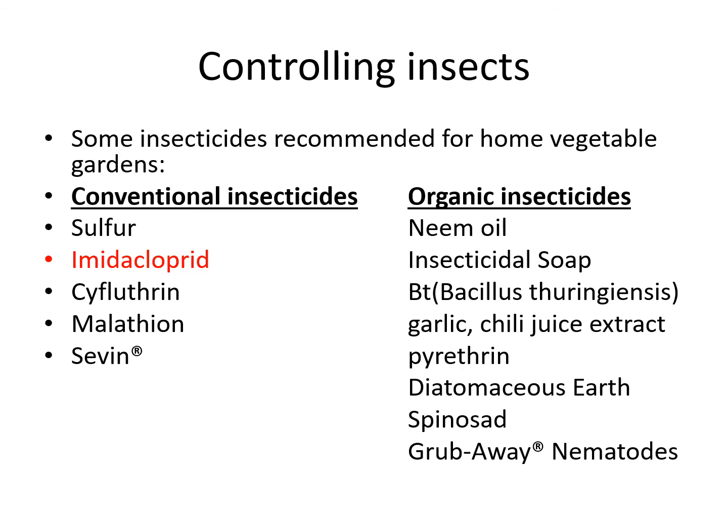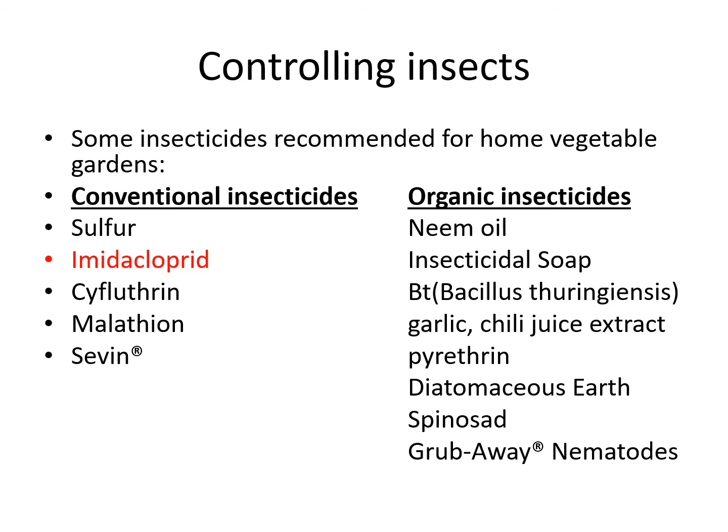Then we have some good bacteria like BT, Bacillus thuringiensis. Then you can use some of the different juice extracts like garlic, peppermint, peppermint oil, chili juice. There's all kinds of juice extracts you can use. Some work, some don't. It just depends on the bug and the time of year and the weather pattern.